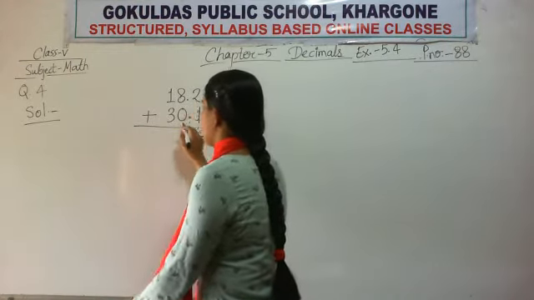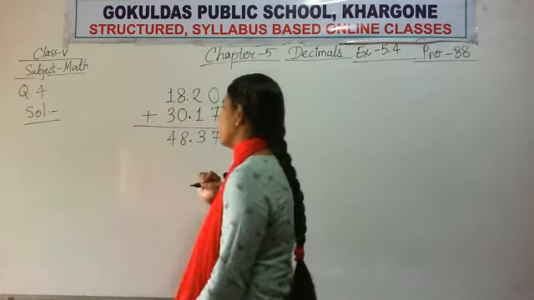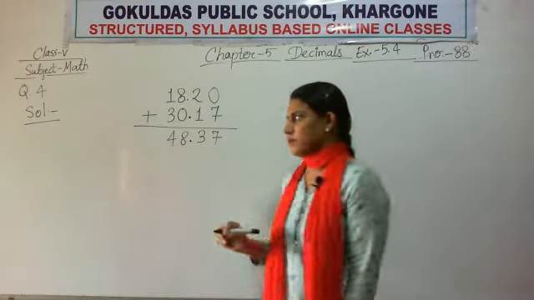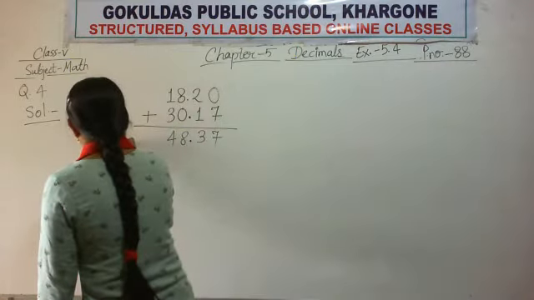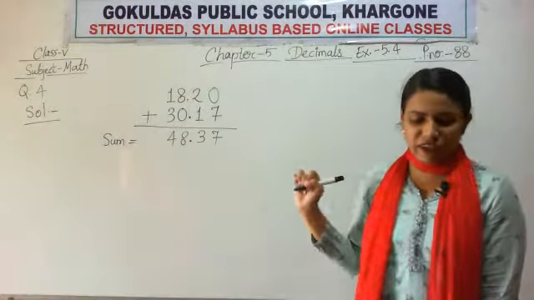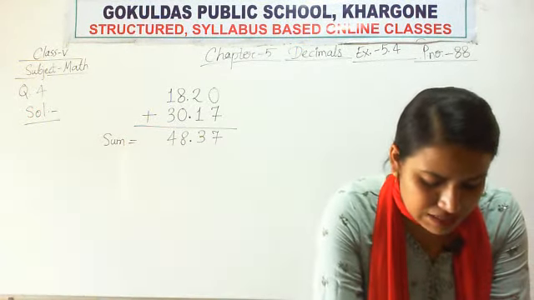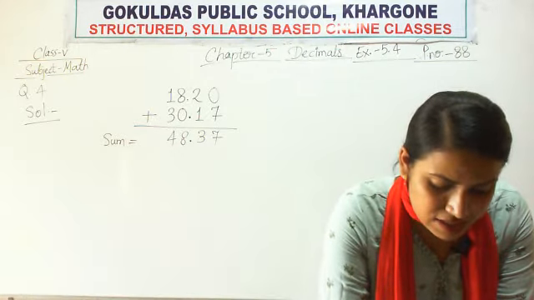Decimal point. 8 plus 0 is 8. 1 plus 3 is 4. Now we got the sum, 48.37. Now read the question: from 78.12 subtract the sum.